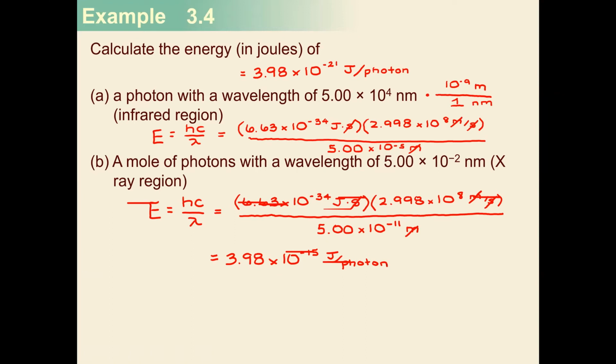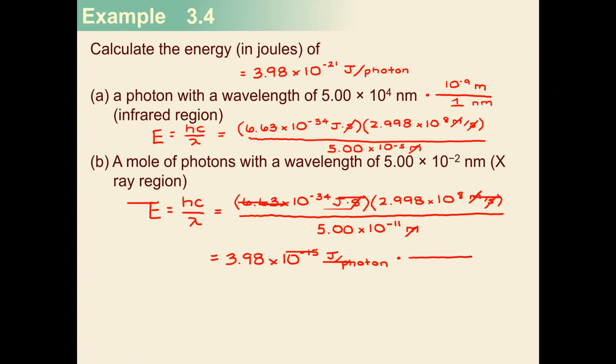So now you can see that I have about 6 orders of magnitude more energetic photons for example B than A. But now I only have 1 photon. How do I get moles? Well, now we can go back and multiply this by our Avogadro's number.